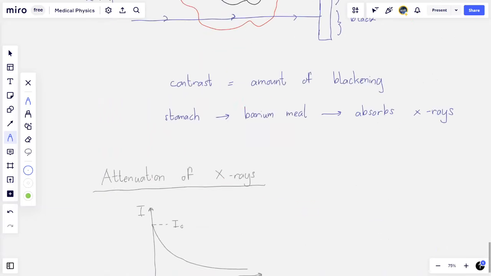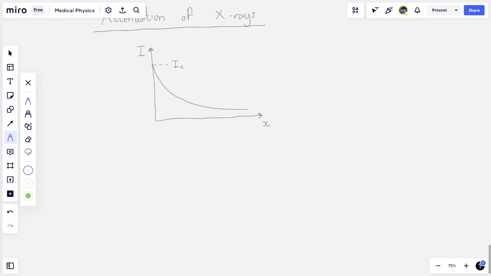And so what does that mean? That means, again, the relationship I is equal to I naught e to the minus mu x. Again, mu here is the linear absorption coefficient. The unit of measurement for mu, just like above, is per meter, but we don't really measure in meters, so we measure it in per centimeters or per millimeter.